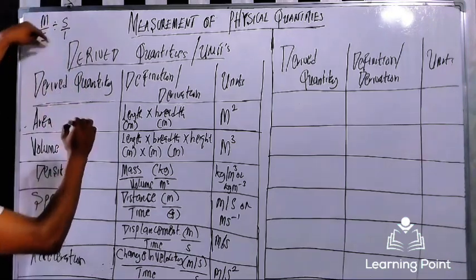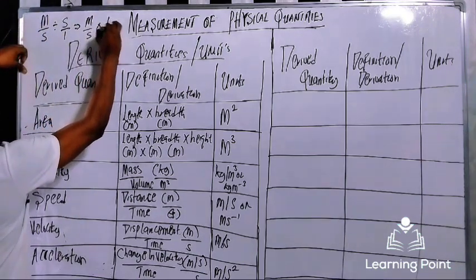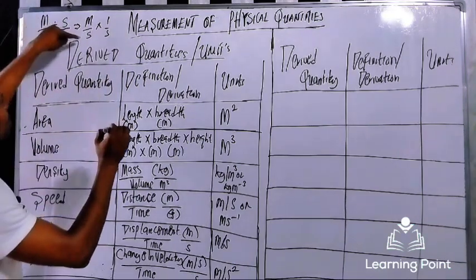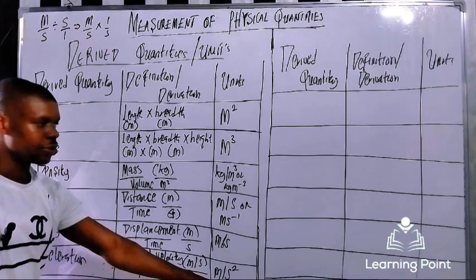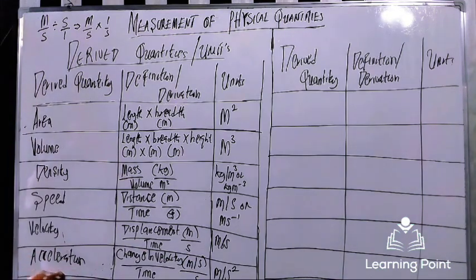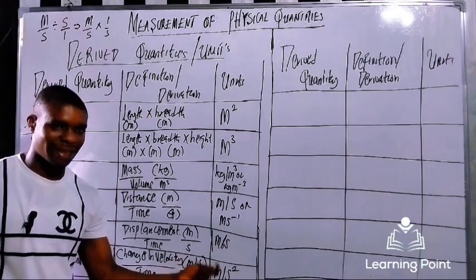So we now have meter over seconds times 1 over seconds. If you multiply seconds times seconds, that's how we got seconds square. So acceleration is change in velocity over change in time, and we call it meter per second square.